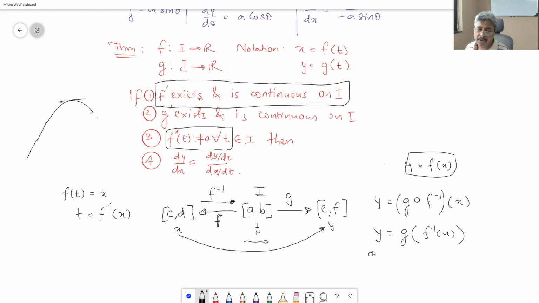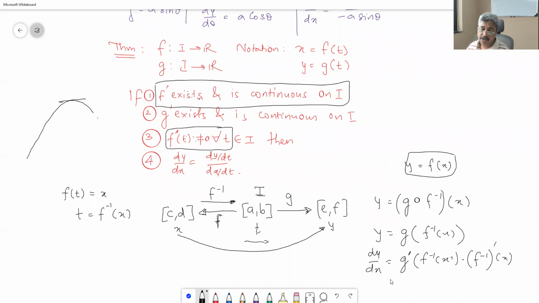And therefore dy by dx is equal to g dash of f inverse of x into f inverse dash of x. This is the chain rule for composition of functions.